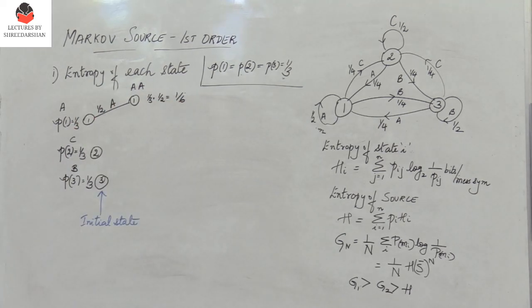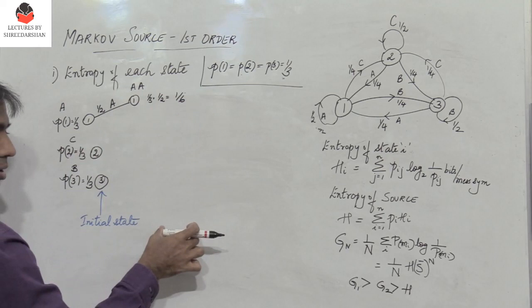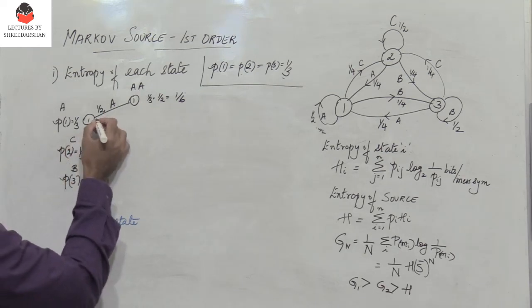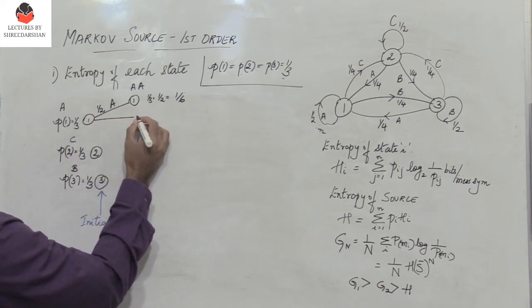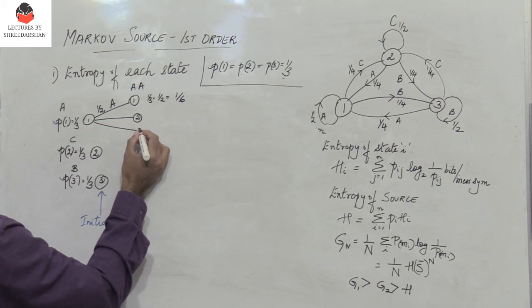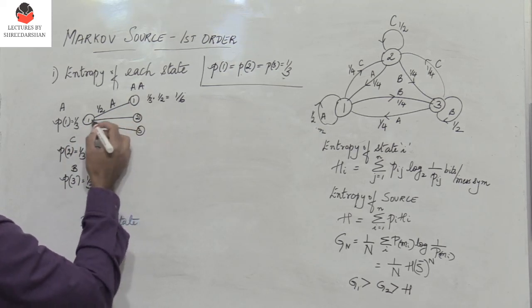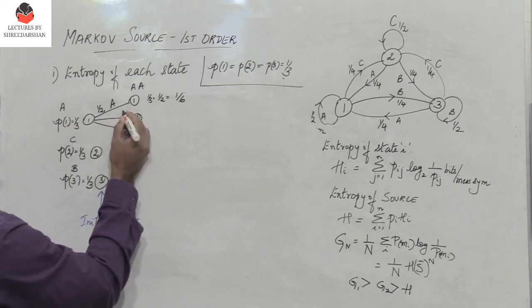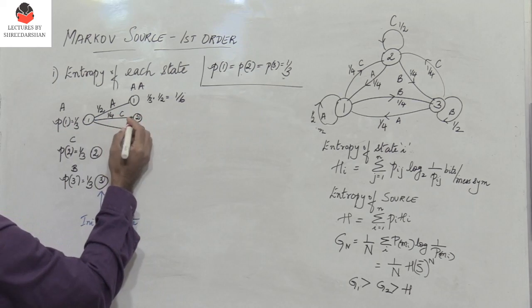So I need to use these probabilities for calculating G2. Okay, so let's first complete the tree diagram. Now 1 to 1, then I have 1 to 2, and then I have 1 to 3. So what is the probability of the symbol here? 1 to 2 is C with a probability 1 by 4, and 1 to 3 is B with a probability 1 by 4.